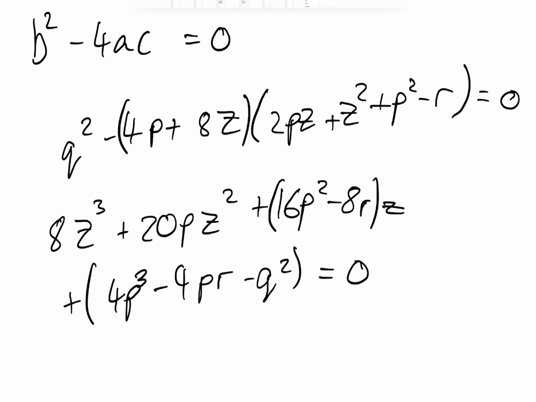Now, what we have is a cubic equation in terms of our fudge variable z. This is called our resolvent, and what we're going to do now is solve for the resolvent and then continue to solve our equation.